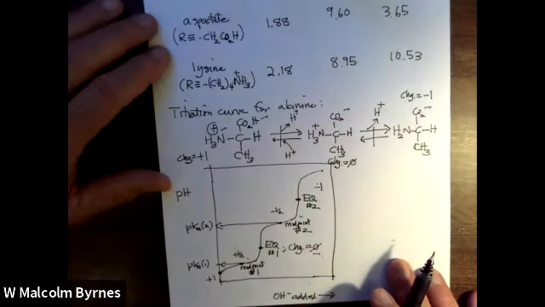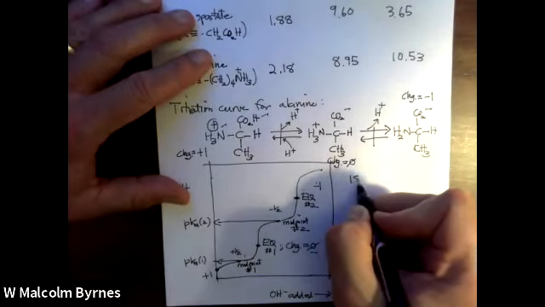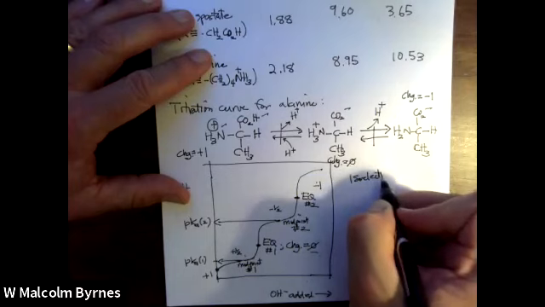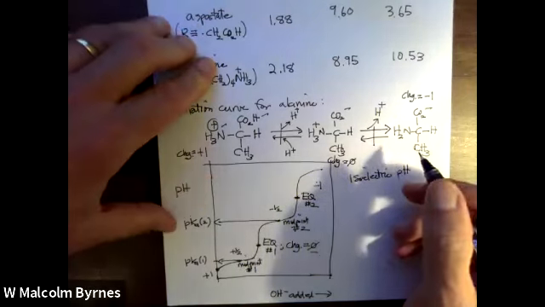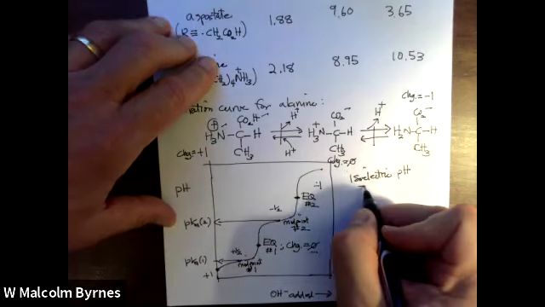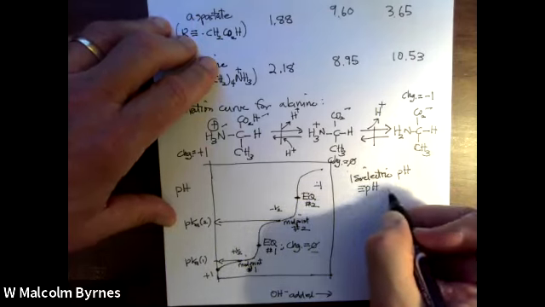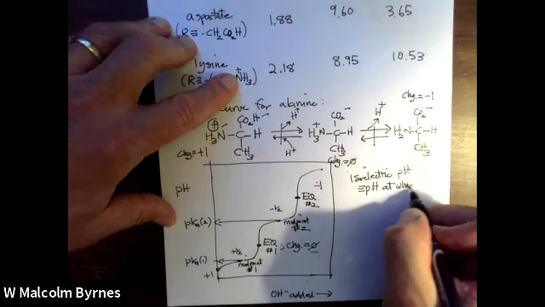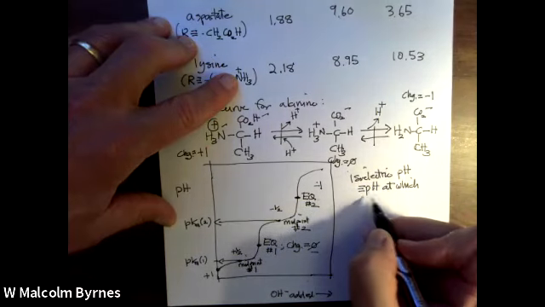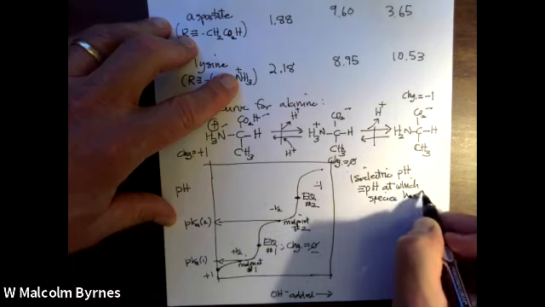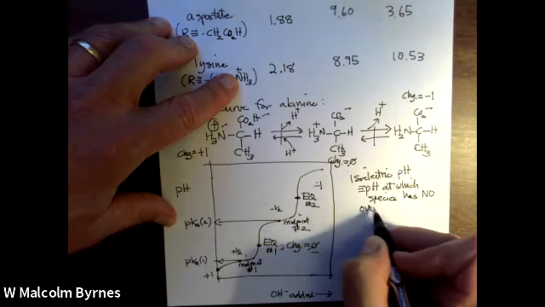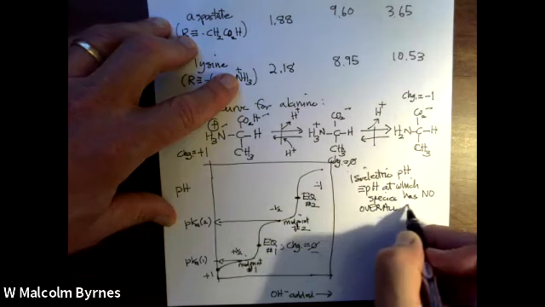Now I want to introduce a term, and that term is called the isoelectric point or pH. The isoelectric pH is the pH at which the amino acid species has no overall charge.